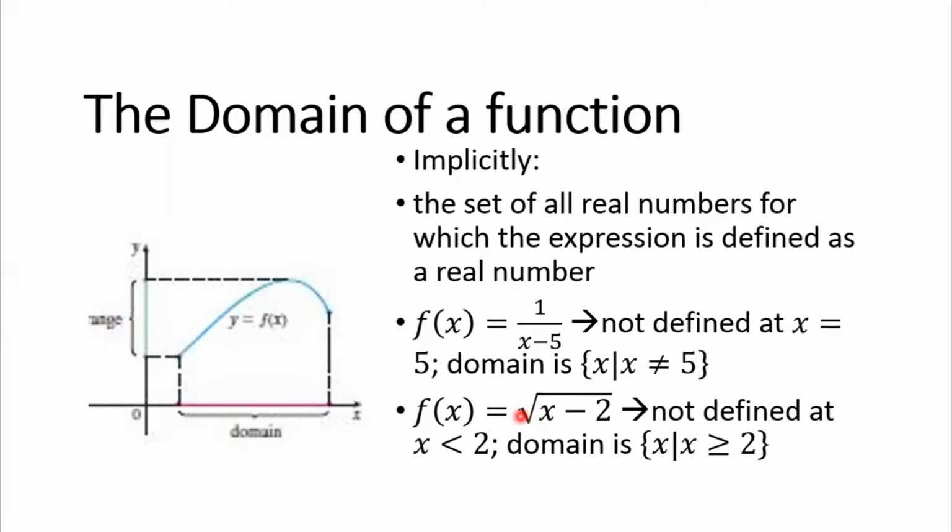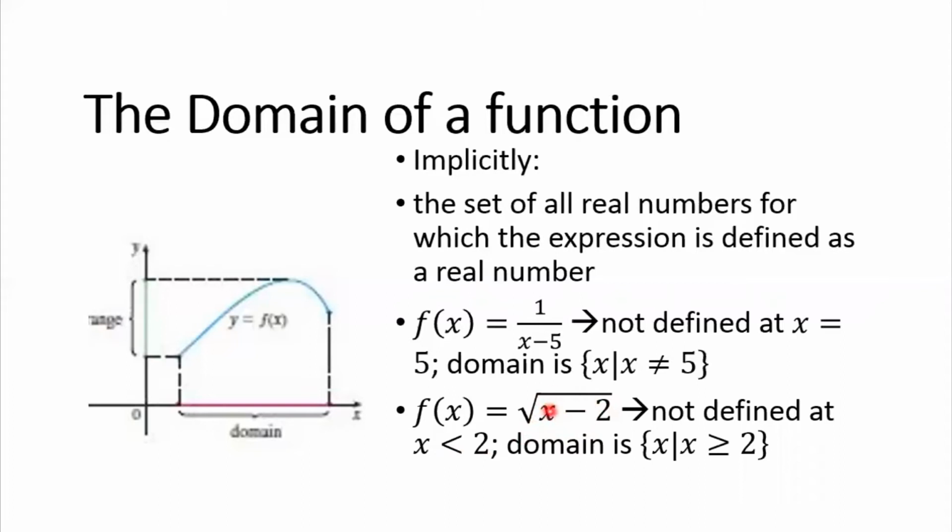Another example, we have f of x is equal to the square root of x minus 2. Now, we have to take note that this expression is not defined if x is less than 2. Because if x is less than 2, the radicand, the value inside the radical symbol, will become negative, right?